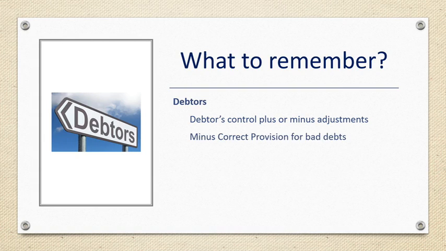Then we subtract the correct provision for bad debts, the one that it is supposed to be, in order to get the net trade debtors. And we add accrued income and prepaid expenses, because those two are current assets. And that's it. That's what your debtors note looks like, and that will be the amount shown on the statement itself.